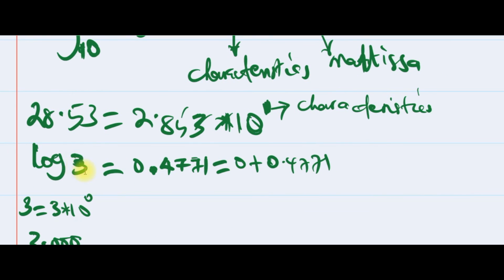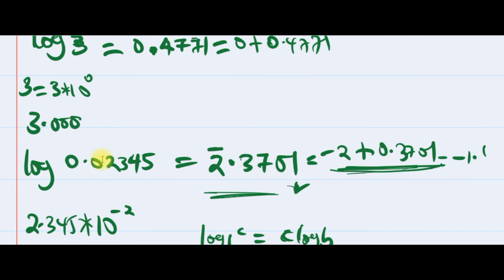So check the other one. Okay, 3. 3 is a 1-digit number. What do you have here? 0. Do you get? For 0.00, the bar determines the number of zeros. If it's 2 zeros before a non-zero digit, that's why we have bar 2.